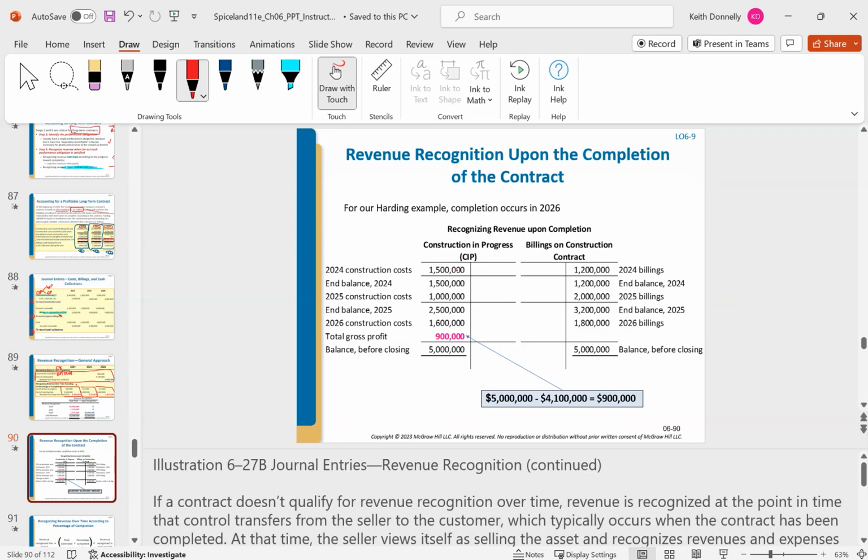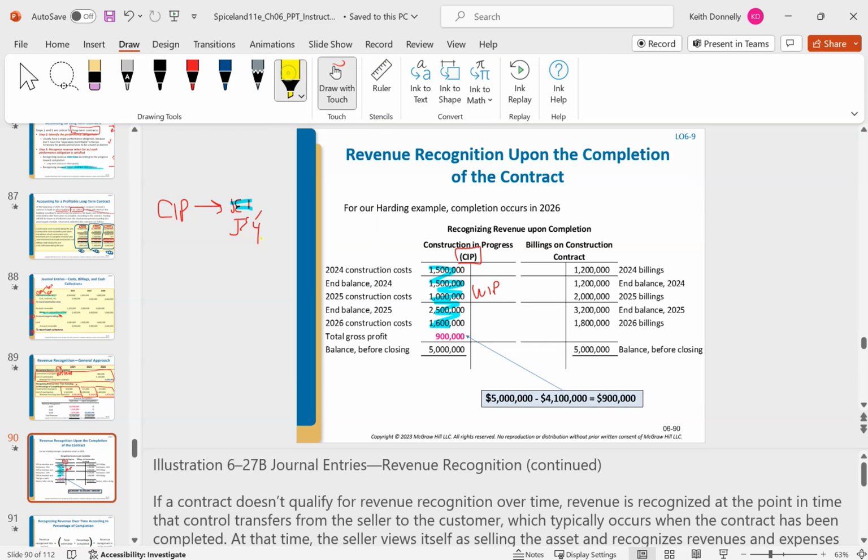And in this way, we said CIP is really comprised of, where you're going to see that is journal entries 1 and journal entry 4. It's generally going to be debits in each of those cases. In journal entry 1, what we're doing here is we're building up that CIP kind of like a WIP account.